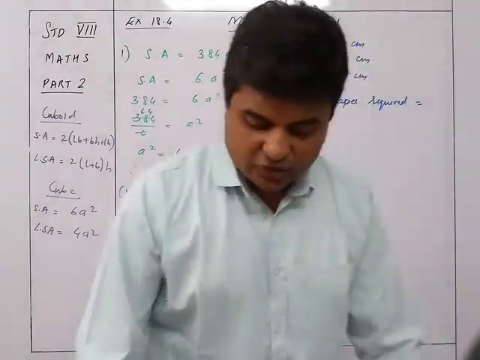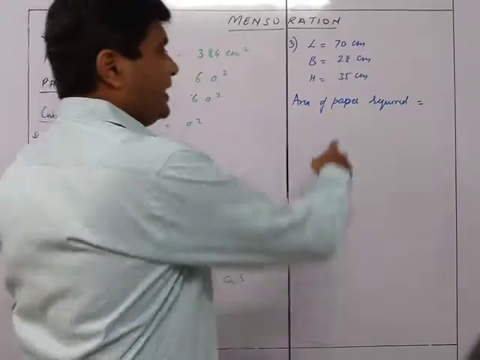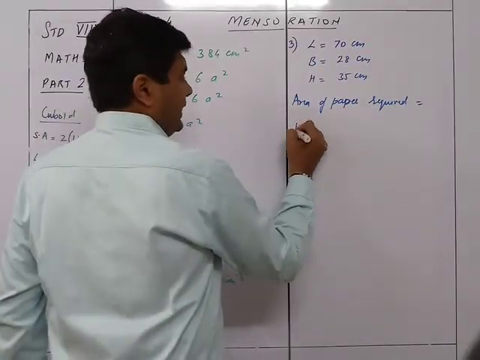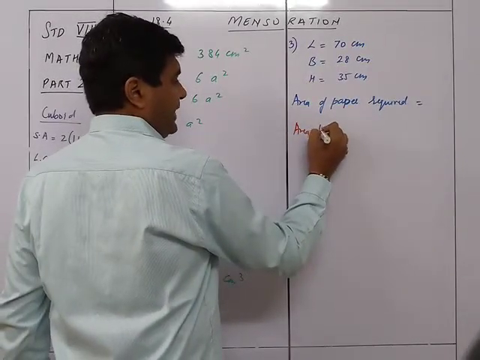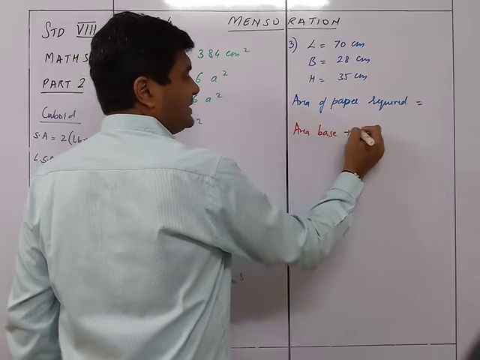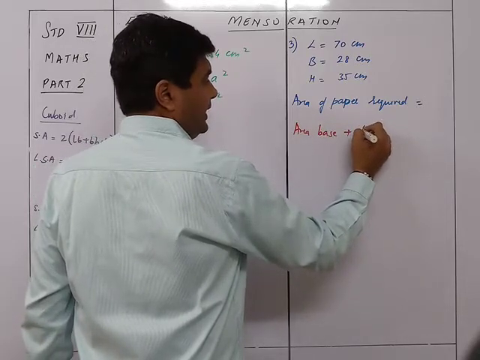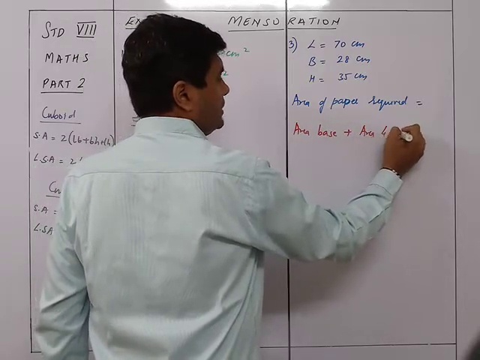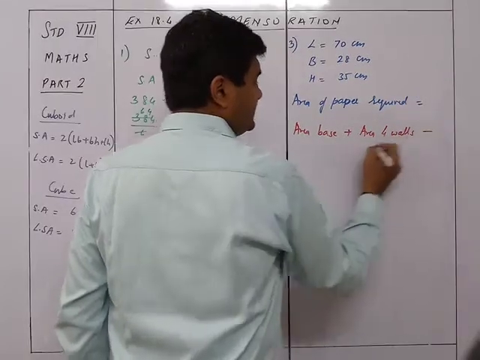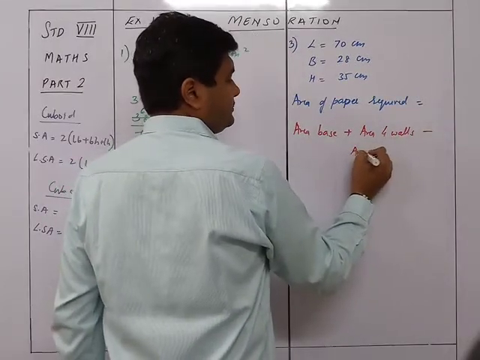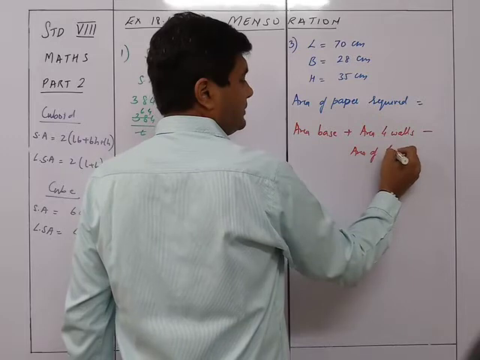So I'll write it this way, that area of the paper required is area of base plus area of four walls minus area of front.